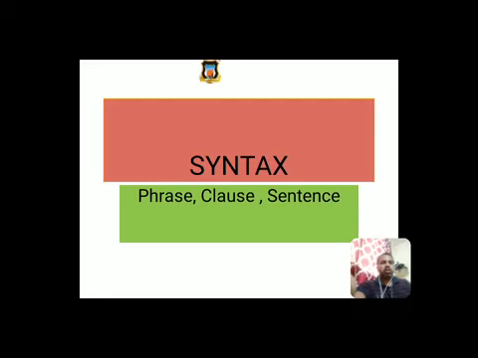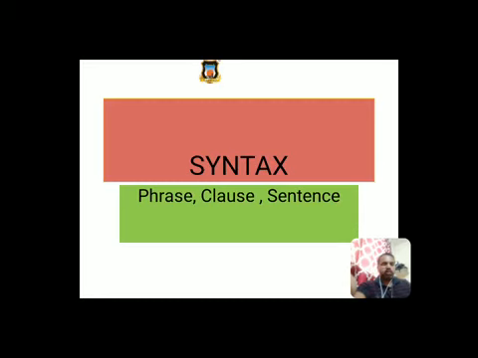Phrases are made up of a group of words we use together to modify the meaning of a head word. We use the term modify. Modify means to add something to the meaning or to make the term specific.